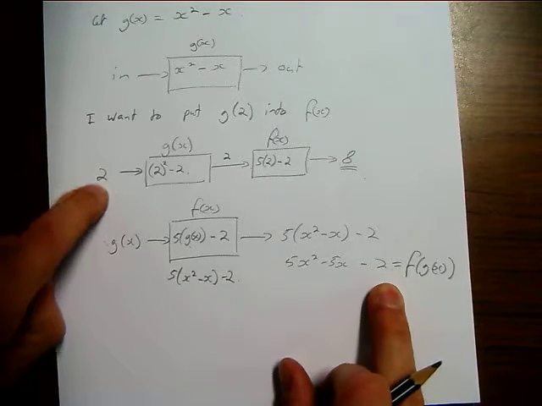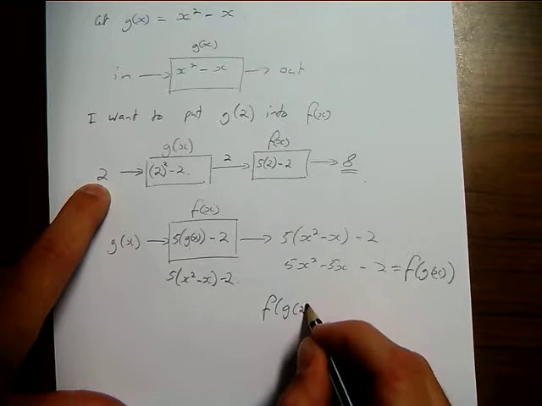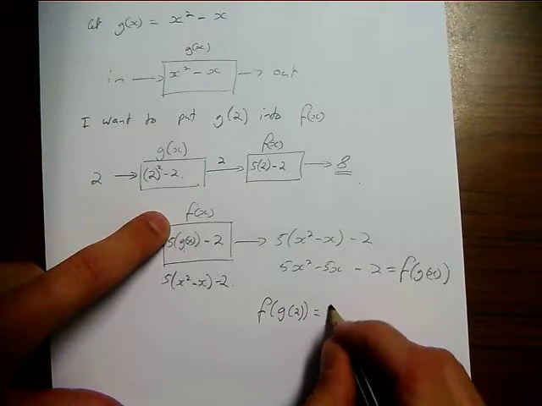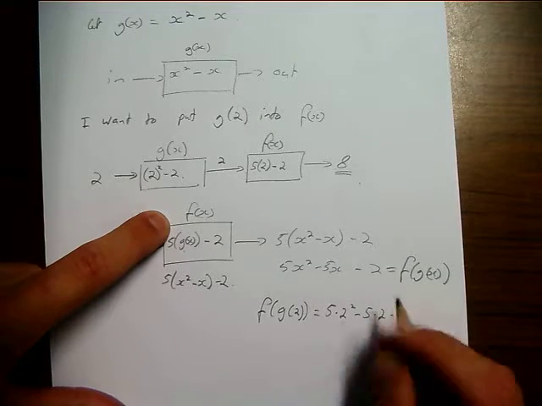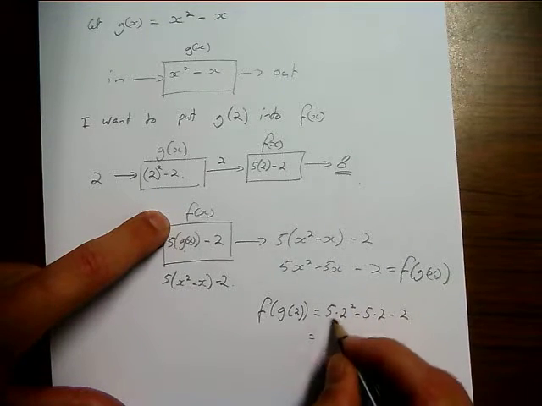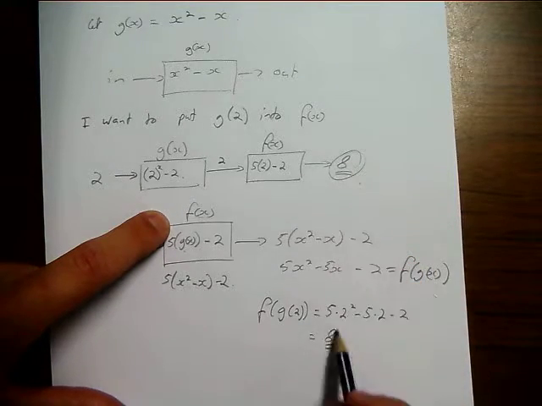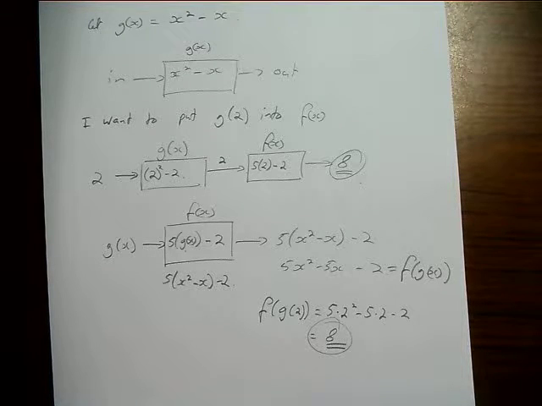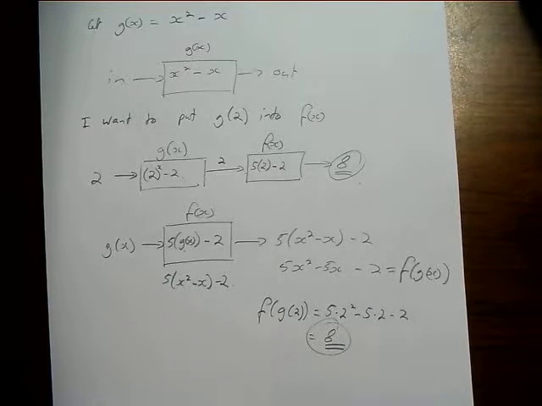Now let's test this. I did it with 2 before, so if I go f of g of 2, it should be 5 times 2 squared take 5 times 2 take 2. That's 5 times 4, that's 20 take 10 take 2, which is 8, the same as I got before. So what this is called is a composite function. A composite function is a function of a function, and we have notation.